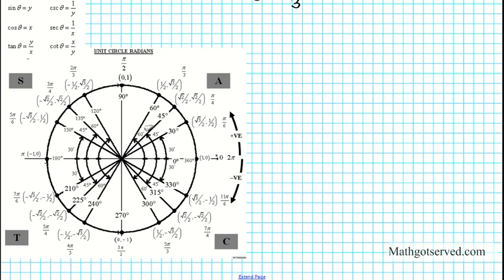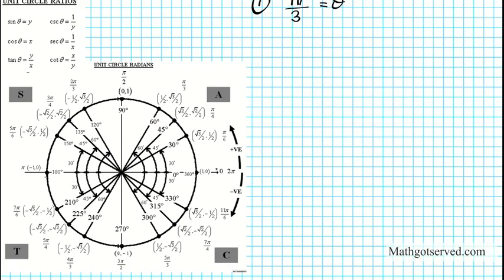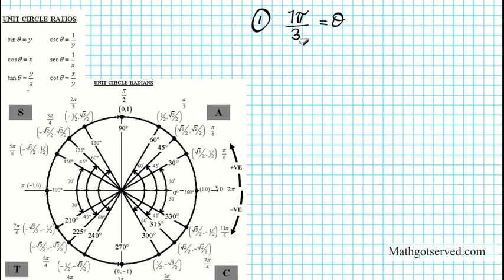One easy way we can find out where 7 pi over 3 is: we know that every angle can be graphed on this unit circle. We just need to keep rotating until we get there. It's kind of hard to work with radians, so I'm going to convert this to degrees and see if that helps us in any way, okay? So 7 pi over 3. To convert this to degrees, I'll multiply by the conversion factor, 180 over pi.